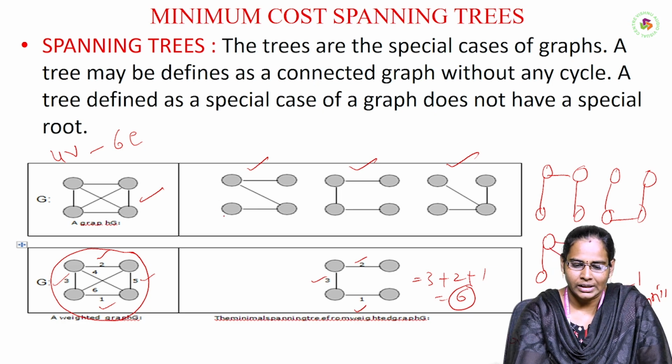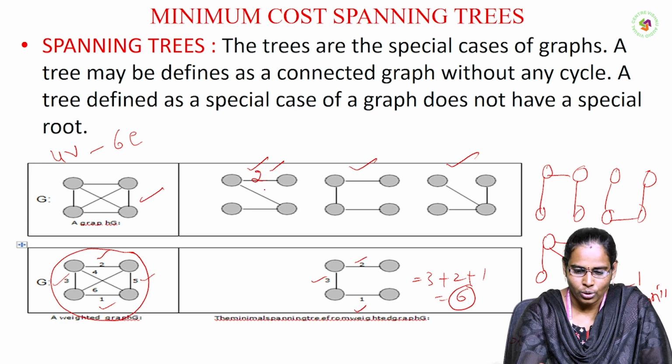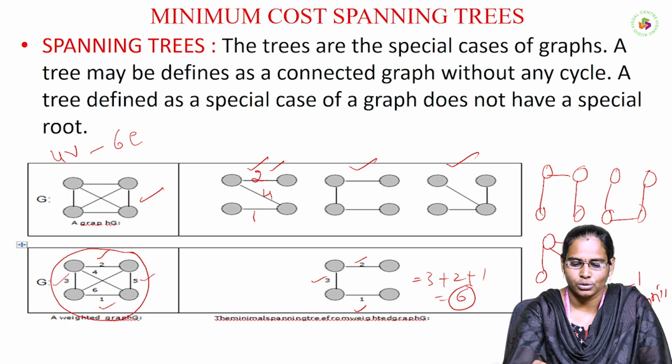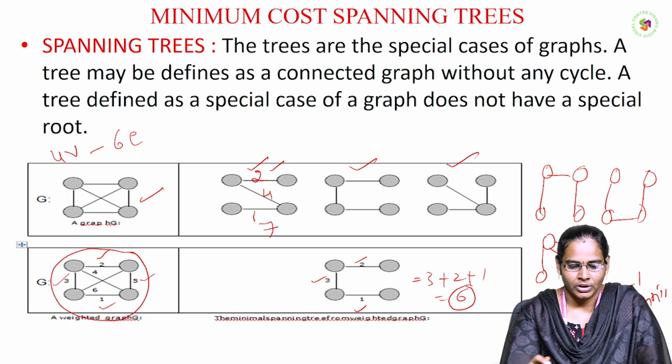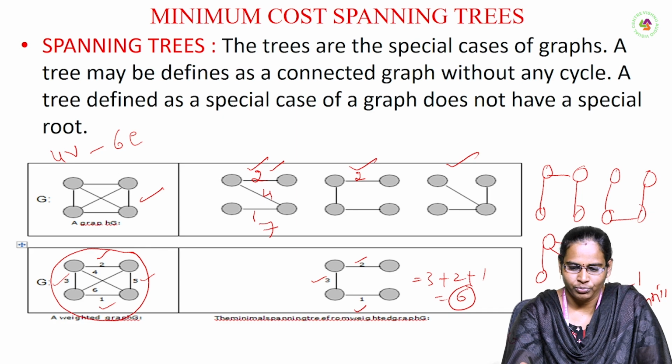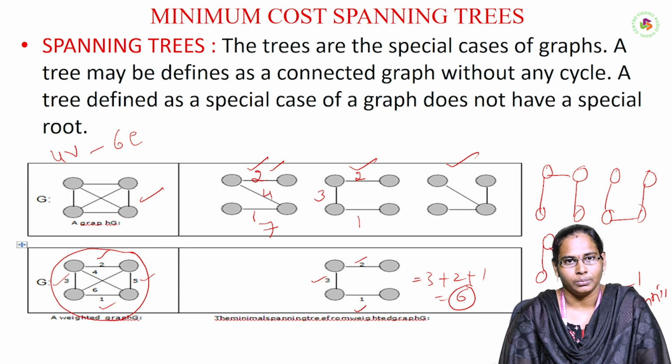So for example, here we take this one. Then what is the cost? 4 is the edge cost, this is 2, this is 1. So 4 plus 2 plus 1, totally we have 7. Coming to here, this is 2, this is 3, and this is 1. Again the cost is 6.